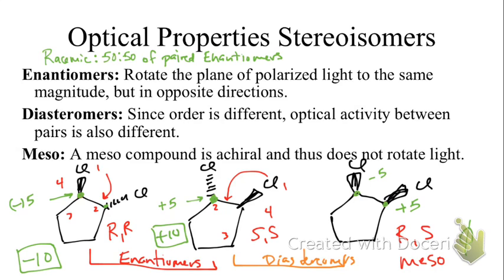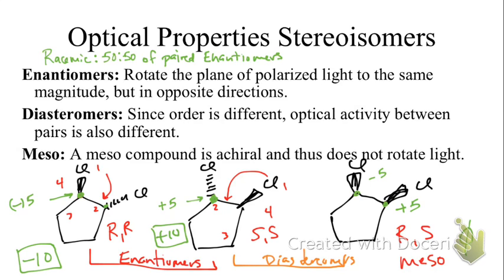Our diastereomers will have optical activity, but given the optical activity of one diastereomer, that doesn't tell us anything about the optical activity of the other diastereomer. So we don't really have a nice even comparison.